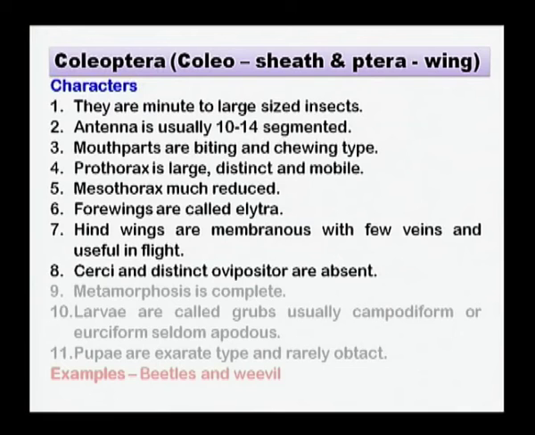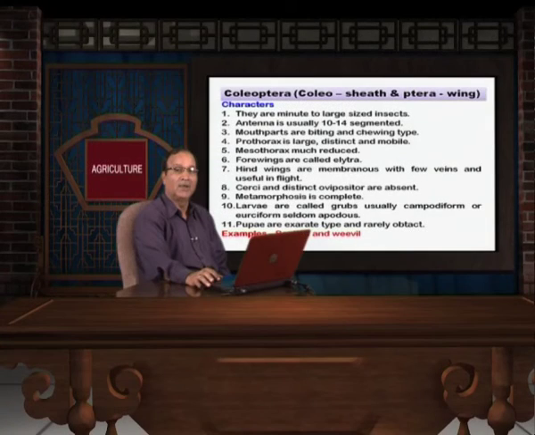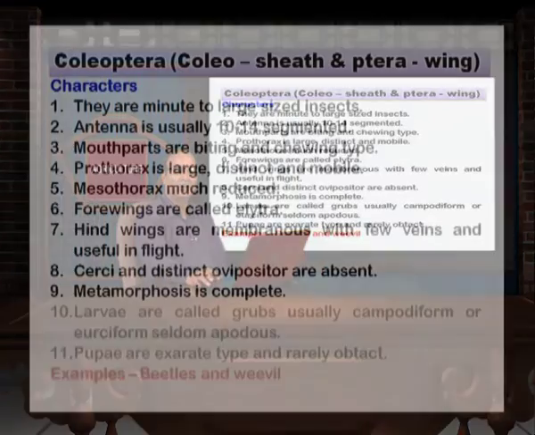Cerci and ovipositors are absent in this order. Metamorphosis is complete. It means all the four stages of life are present, starting from egg to the adult, or we can say the pupal stage is present in the order.